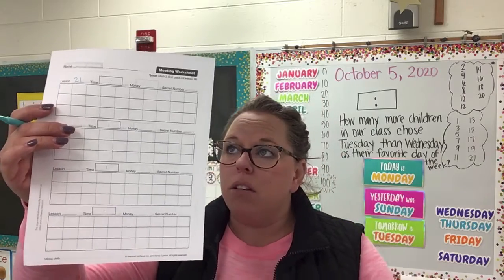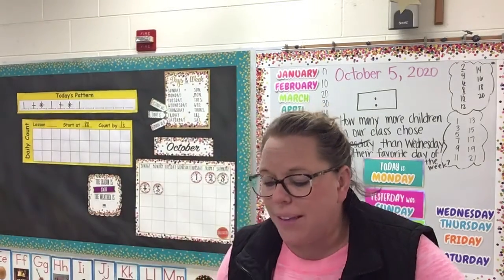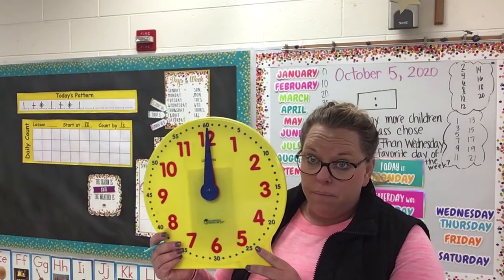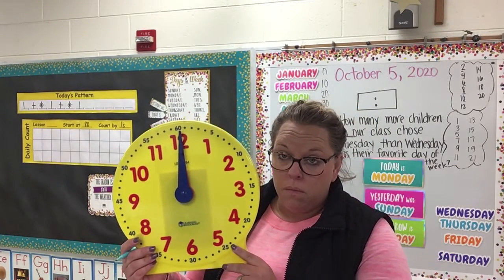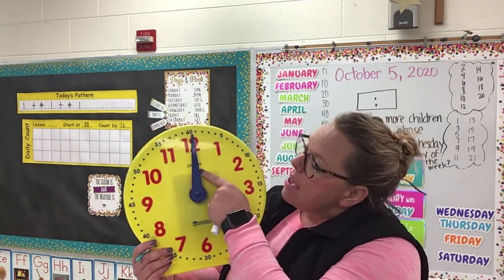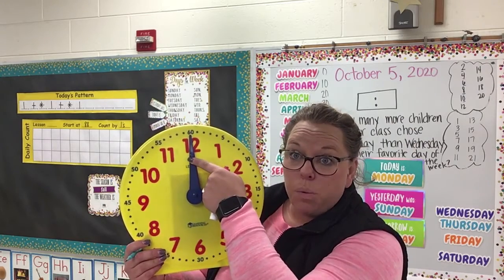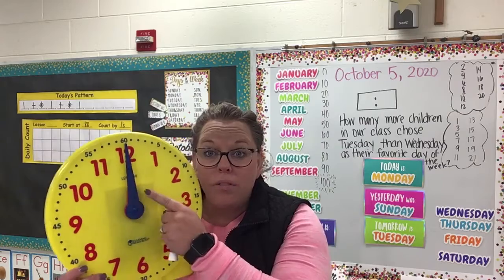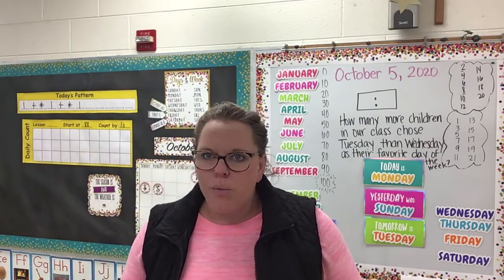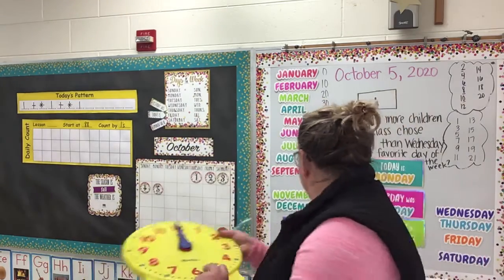Because now we need to look at time. We want to look at my clock. What time does my clock say? It says 12 o'clock. You're right. Because my hour hand is pointing at the 12 and my minute hand is pointing straight through my 12. So that's o'clock. How am I going to write 12 o'clock?